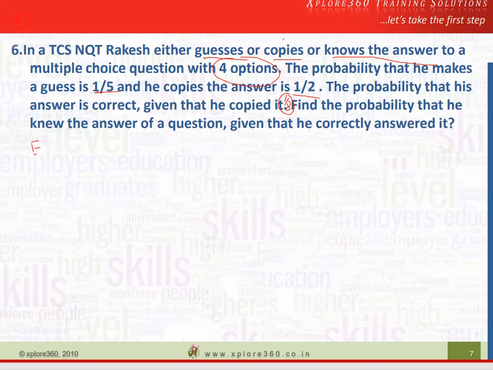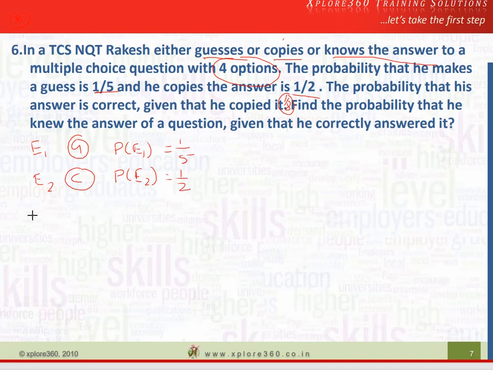Let us take E1 as he guesses the answer, so the probability of E1 equals 1 by 5, it is given. E2, let us take, he copies the answer, so P(E2) equals 1 by 2, it is also given.